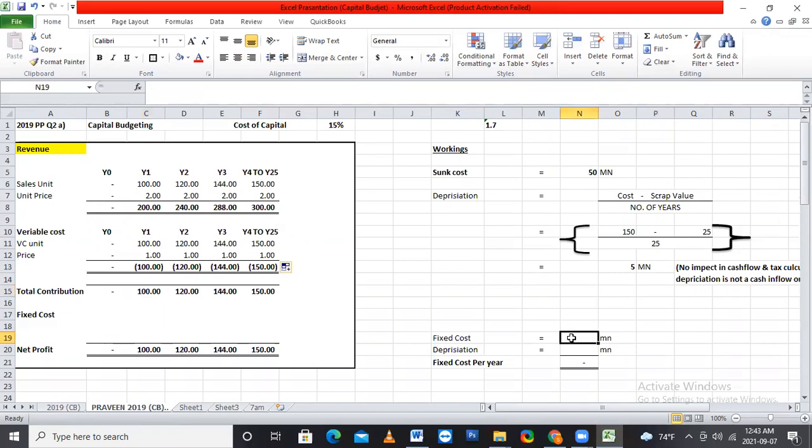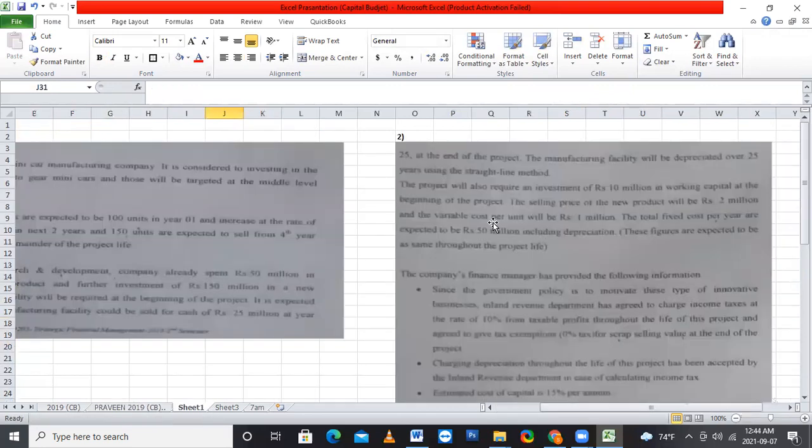The fixed cost is 50 million, depreciation 5 million, so the fixed cost per year is 45 million. Here, contribution minus fixed cost equals net profit. 100 minus 45 equals 55 net profit, for the life of the project.